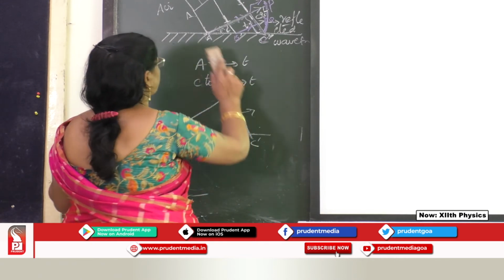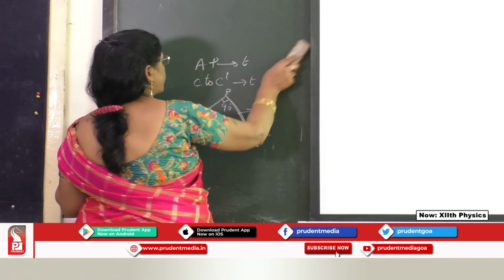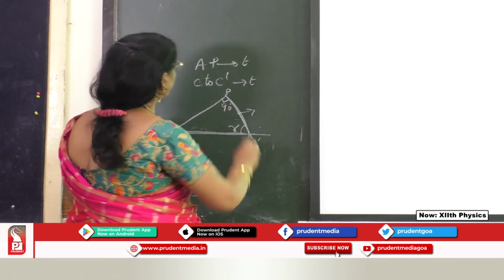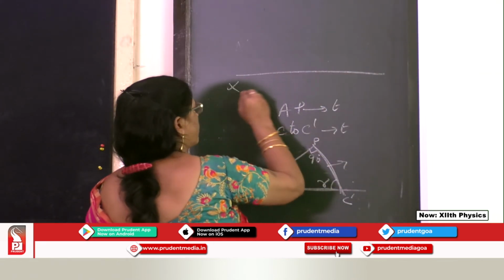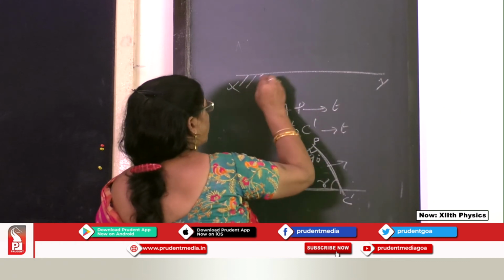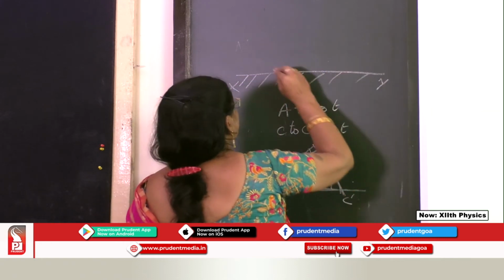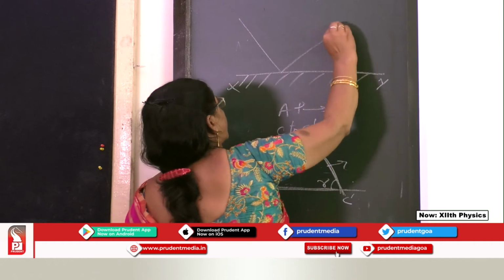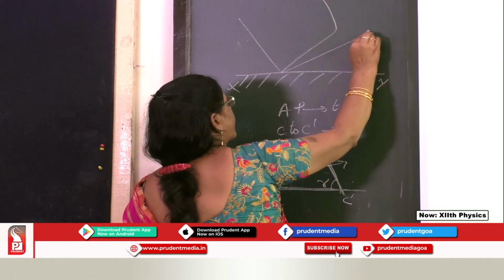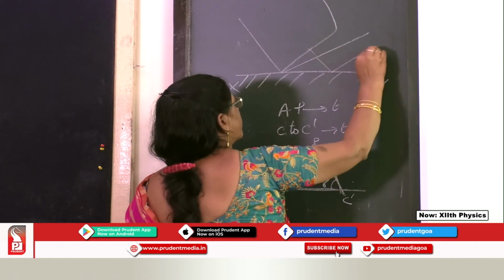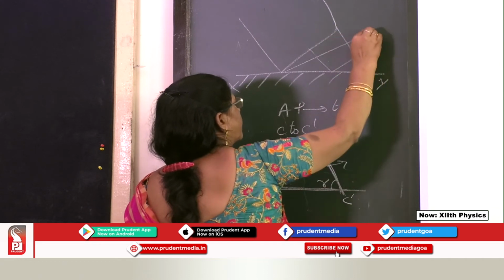I will draw a little more clearly so that you will understand. So XY is a surface. This is a plane mirror. When a ray of light is incident, the reflected waves over here travel, and the covering forms the wavefront.